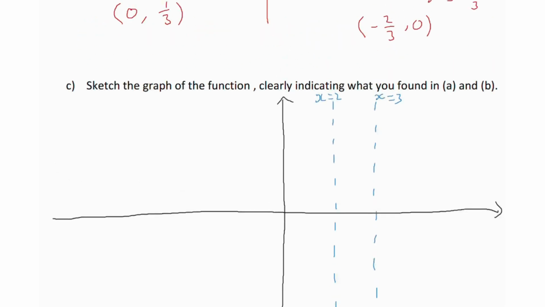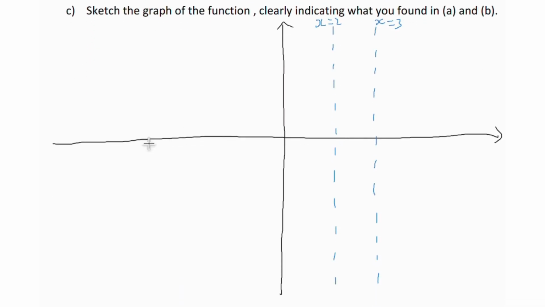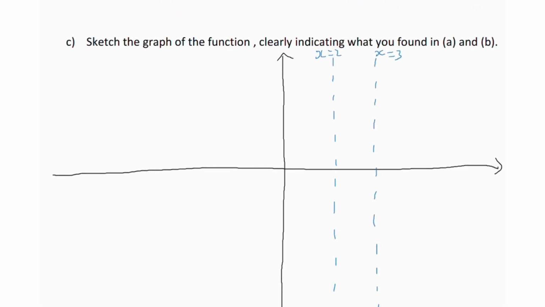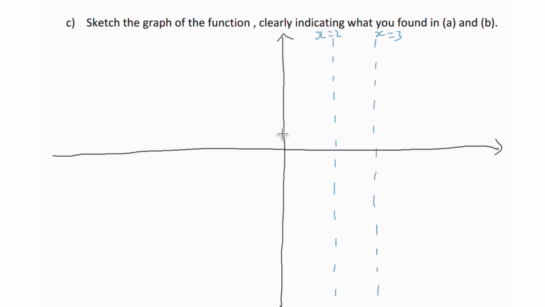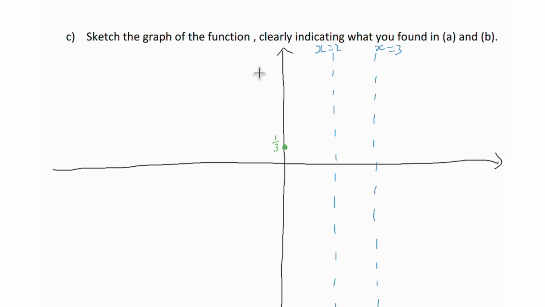I've also got a horizontal asymptote at y = 0, which is my axis here. Now I'm going to look at the intercepts. I have a y-intercept at (0, 1/3), so about here. And I have a root at −2/3, so about here.